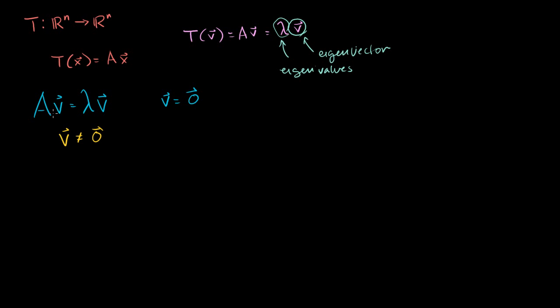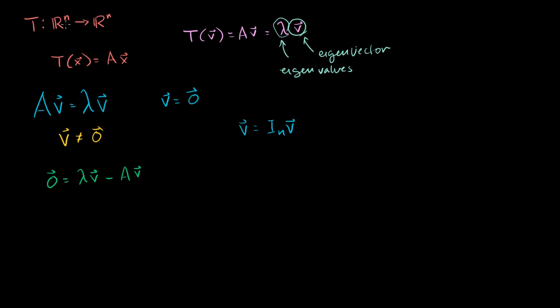So given that, let's see if we can play around with this equation a little bit and see if we can at least come up with eigenvalues maybe in this video. So we subtract A v from both sides, we get the 0 vector is equal to lambda v minus A times v. Now, we can rewrite v as the identity matrix times v.